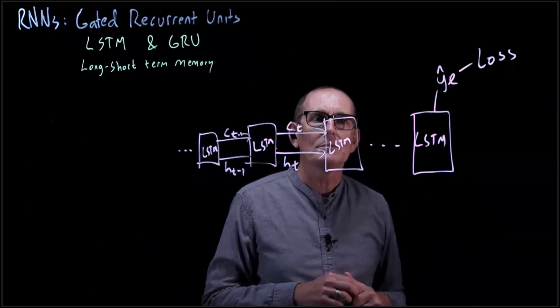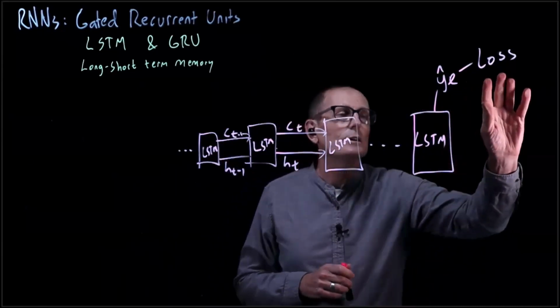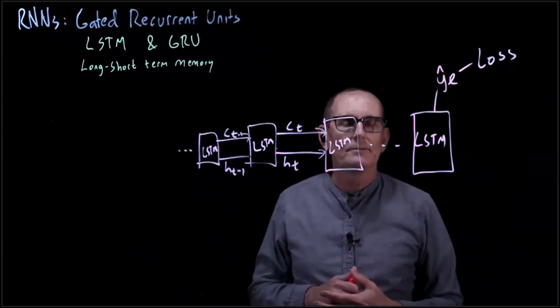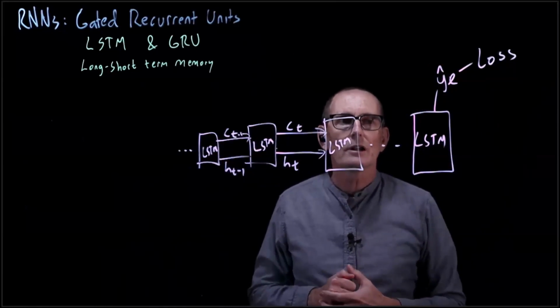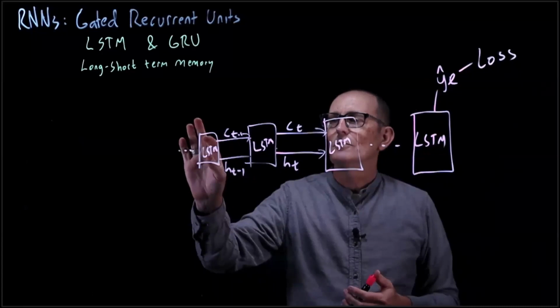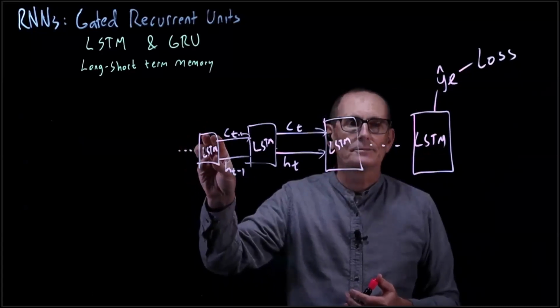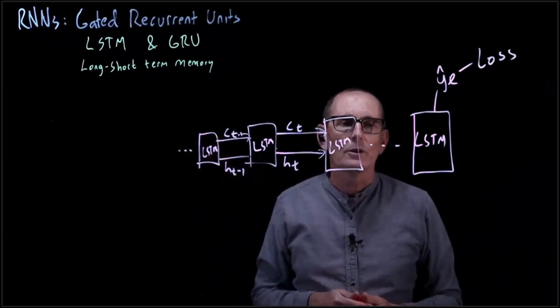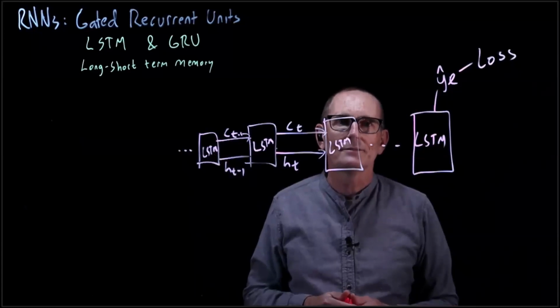The problem comes about if our computation is just at our last y hat. Because then we have got long paths back to, let's say, these weights here. And what do we know happens in long paths?